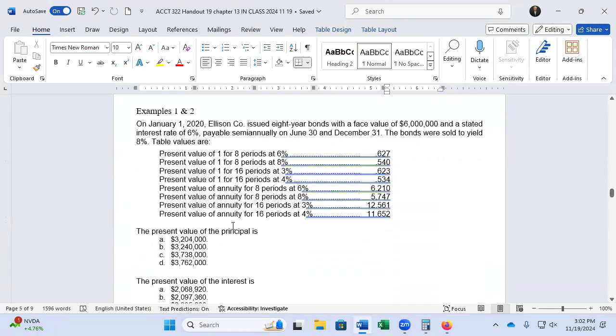And now I'll jump in and do examples 1 and 2. What I'd like you to do is read the question and see if you can pick out which numbers we're supposed to utilize.